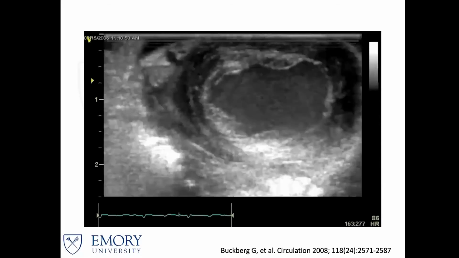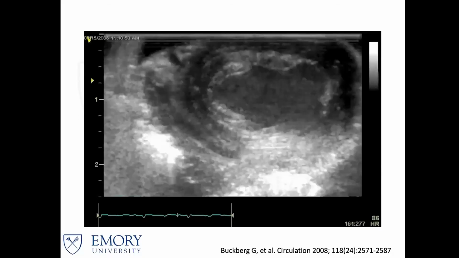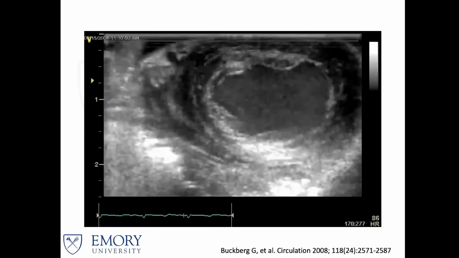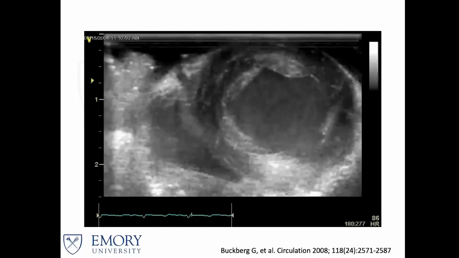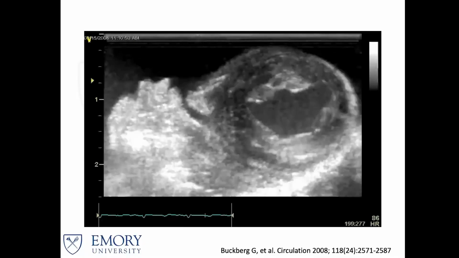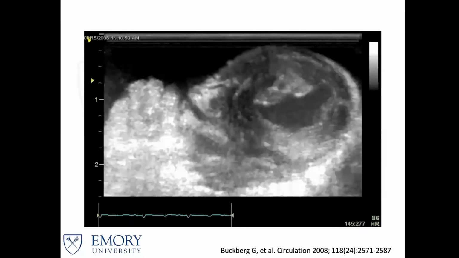And both of these twisting and untwisting activities require energy. It's not just systole that requires energy, but also relaxation, or the suction that is created by a normal left ventricle, that requires energy as well. So these things are very important to keep in mind.